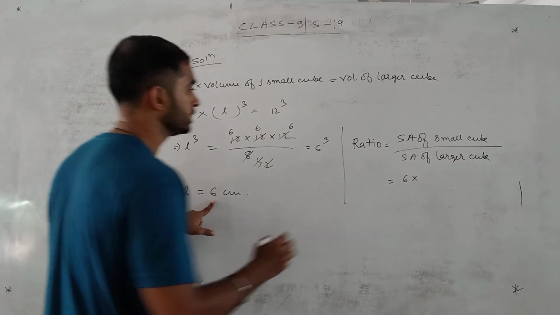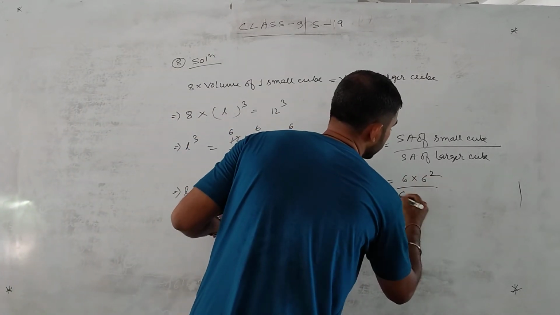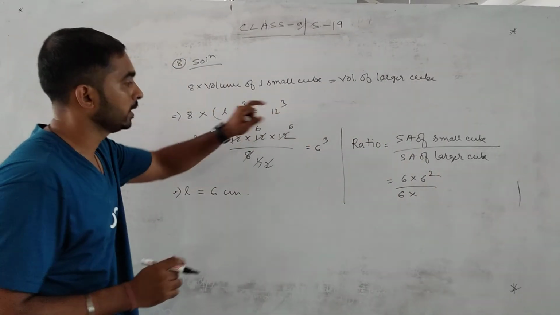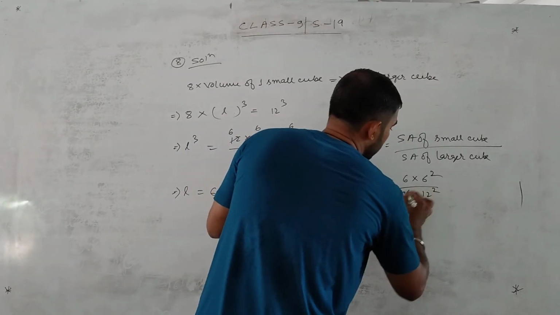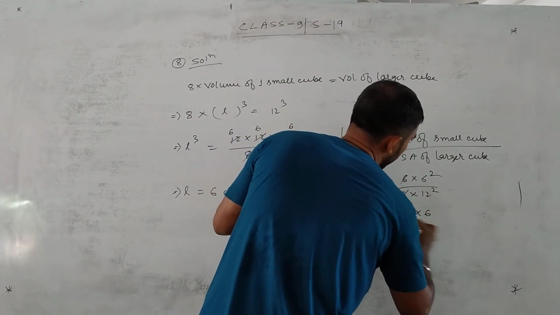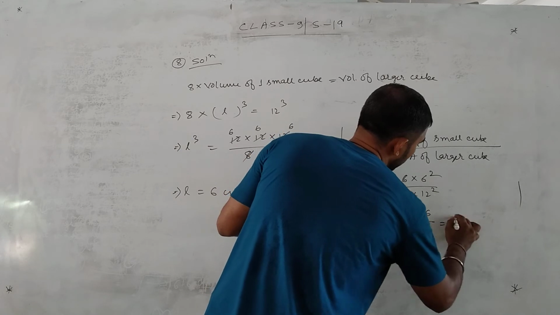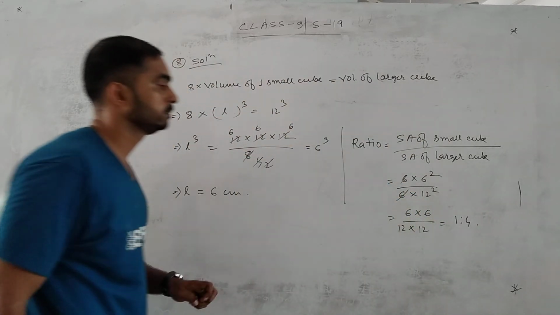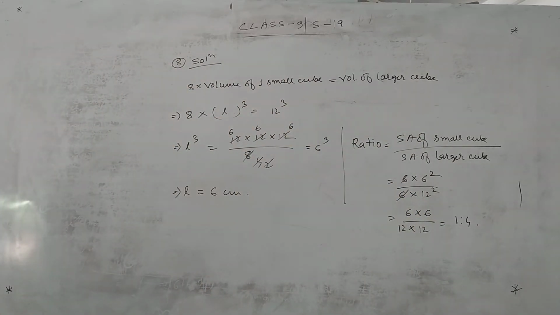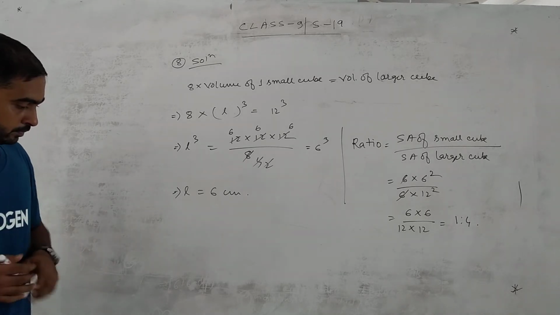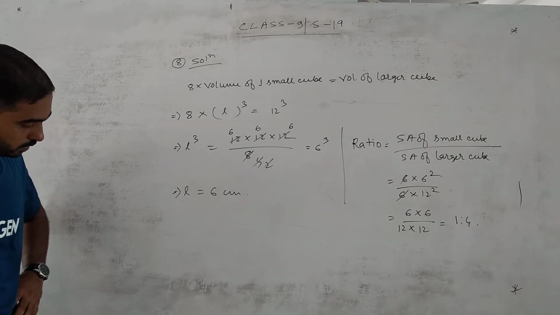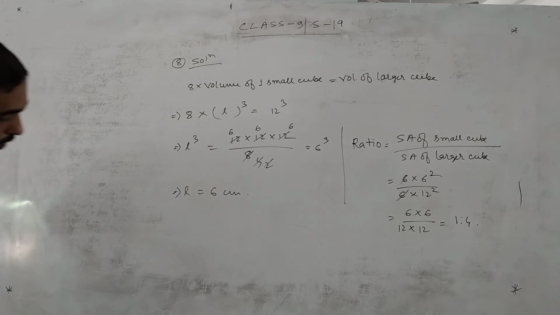Here L equals 6, so 6 square, and for the larger cube side 12, so 12 square. 6 and 6 cancel. 6 into 6 by 12 into 12 equals 1:4.